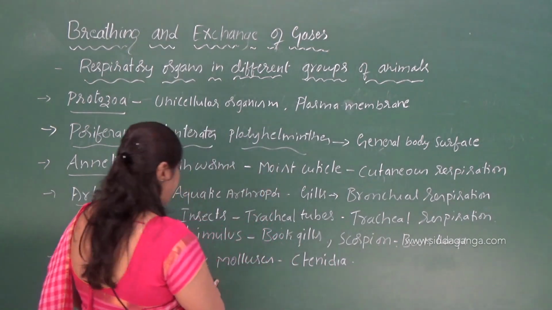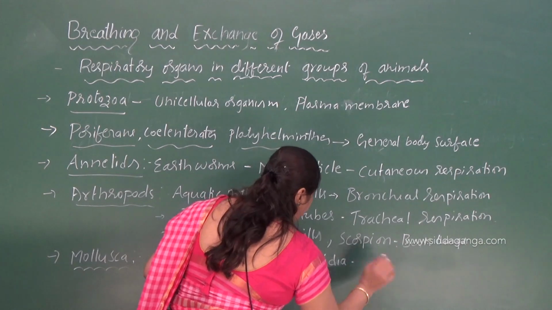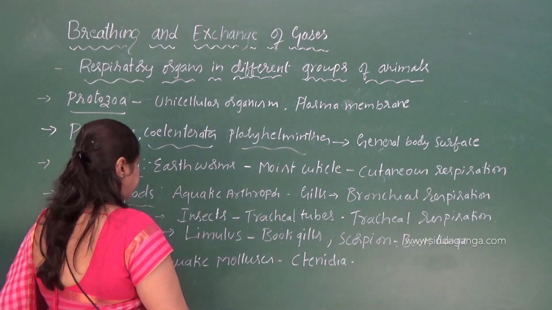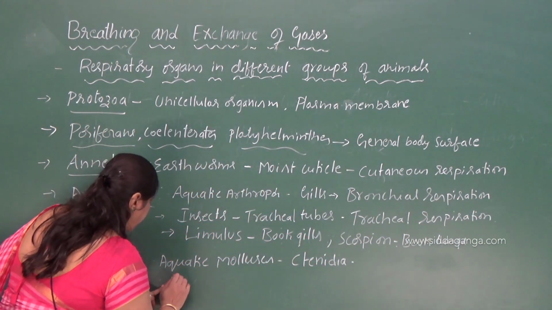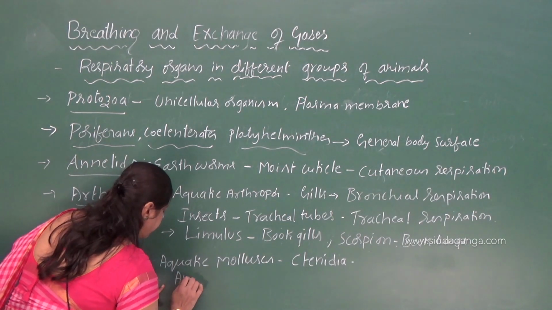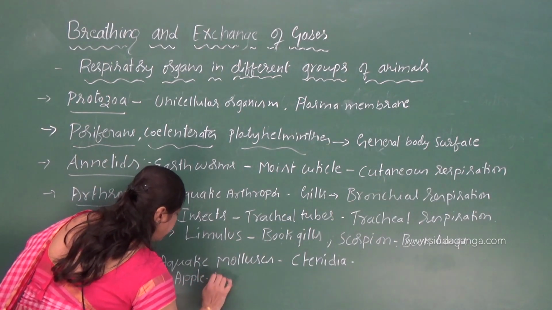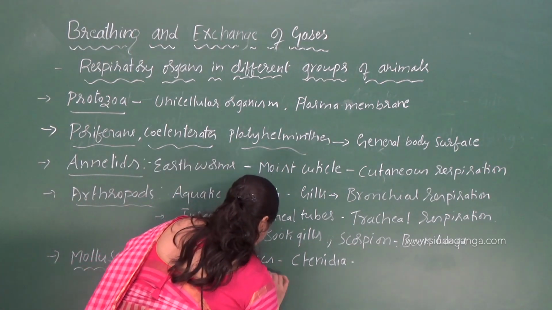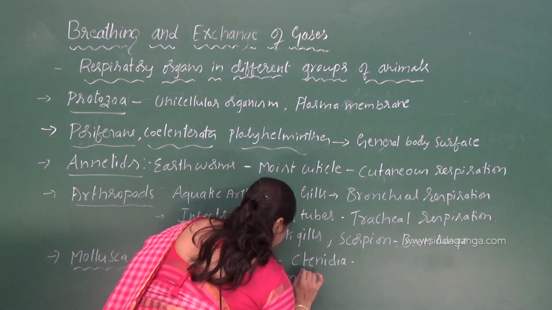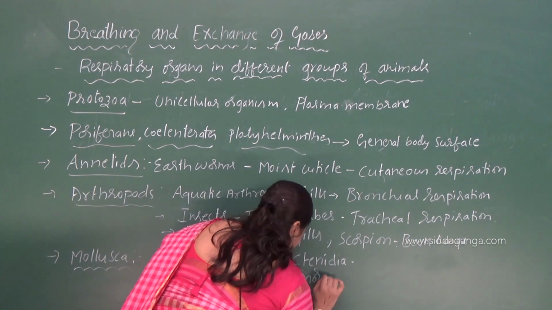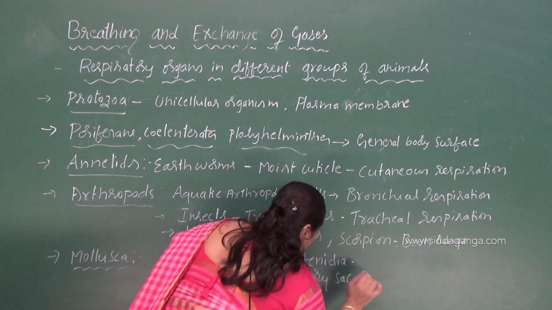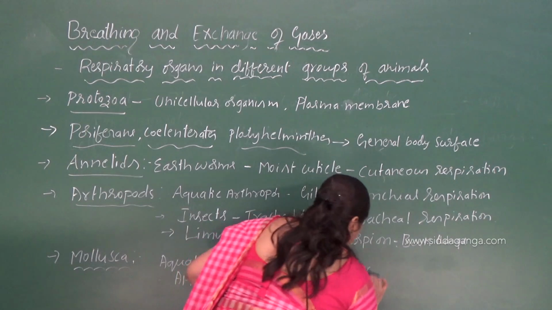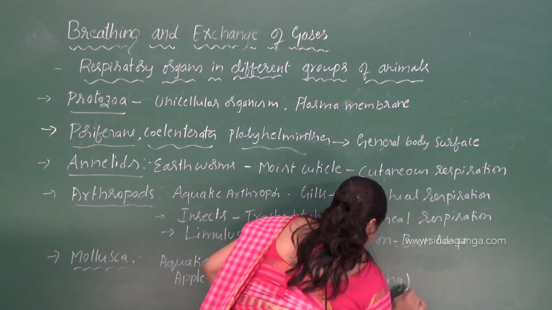Okay. So in aquatic mollusks, the respiratory structures are the ctenidia, and in some land mollusks like apple snail, the respiratory organ is called the pulmonary sac. It is nothing but a hollow organ which functions like a lung.